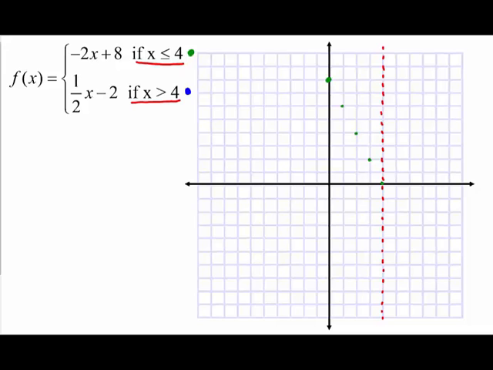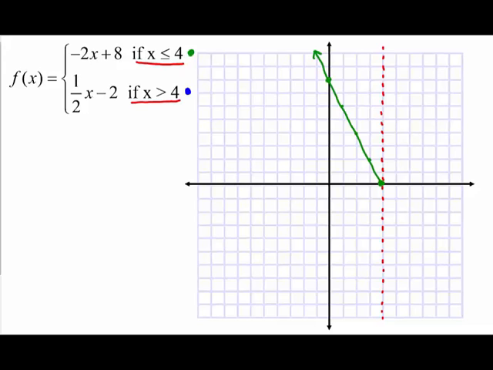Now it's important to note that since it's less than or equal to, at positive 4, that will be a closed circle. So when I graph this line, it will go like this, and it would continue forever in the negative direction, since all that is less than or equal to 4.